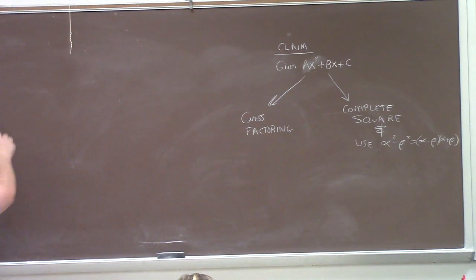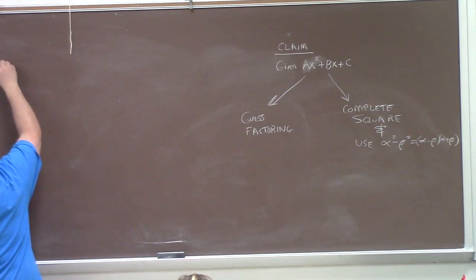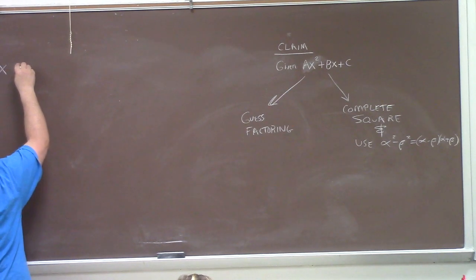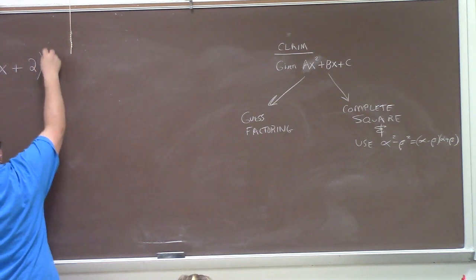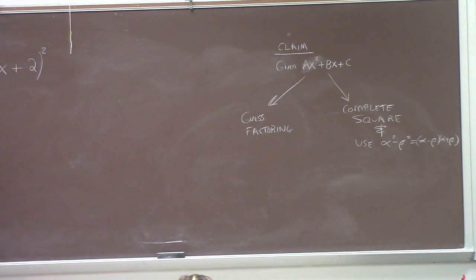So here, b is 4, so I'm doing x. I take half of that, which is 2, right? I square that. Then by doing that, I've added 4, because 2 squared is 4, right? So there's a 4 in x plus 2 squared that was not there before.